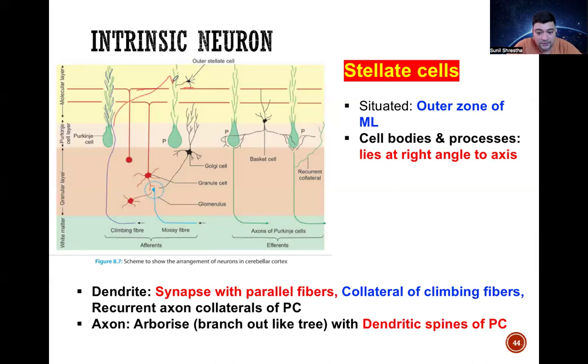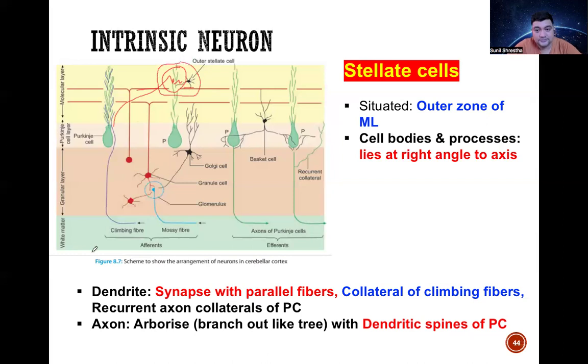They also form collaterals with the climbing fibers and some of the recurrent axon collaterals of the Purkinje cells. Here they also make a connection with the Purkinje cell layer, and it looks arborized or branched out, like a tree-like pattern. Such types of connections are made by the stellate cell.